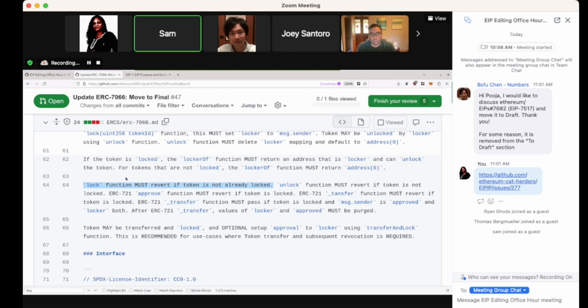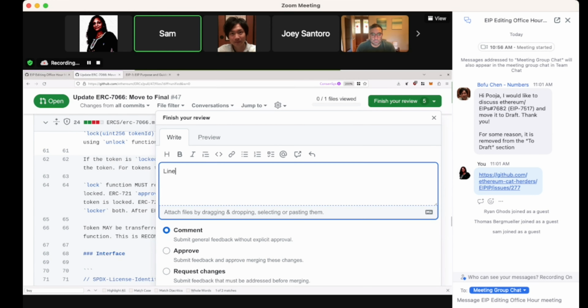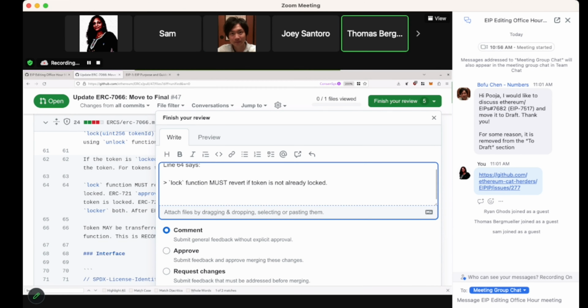Lock function must revert if token is not already locked. Maybe the goal here is to save some gas so that you don't execute it unnecessarily a second time.